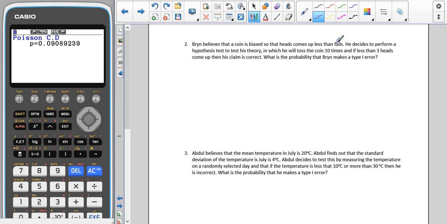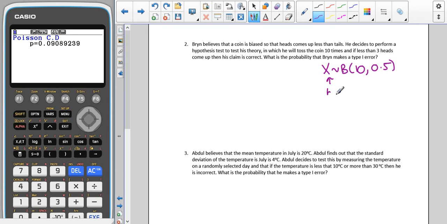We haven't got a set number of trials. So he decides to perform a hypothesis test to test his theory, in which he tosses the coin 10 times. There we go. That's our set number of trials. So we've got x follows the binomial distribution with a number of trials of 10, and we're testing the probability of 0.5.